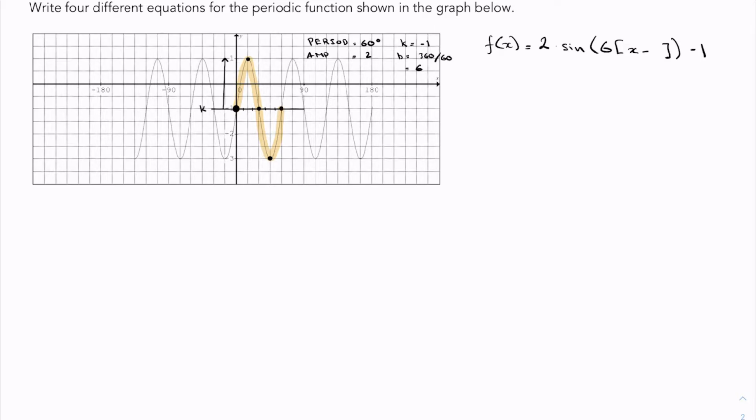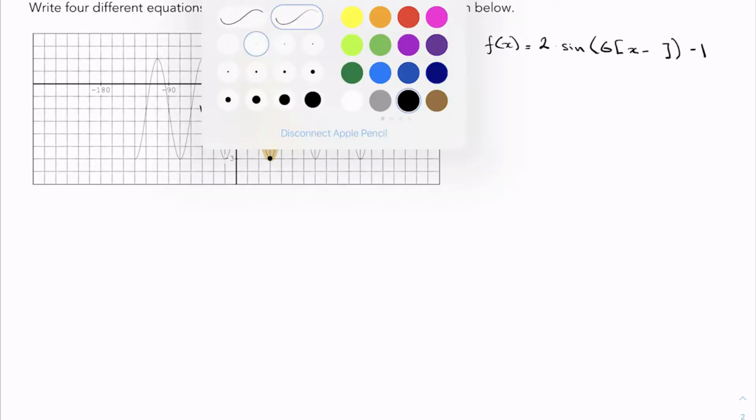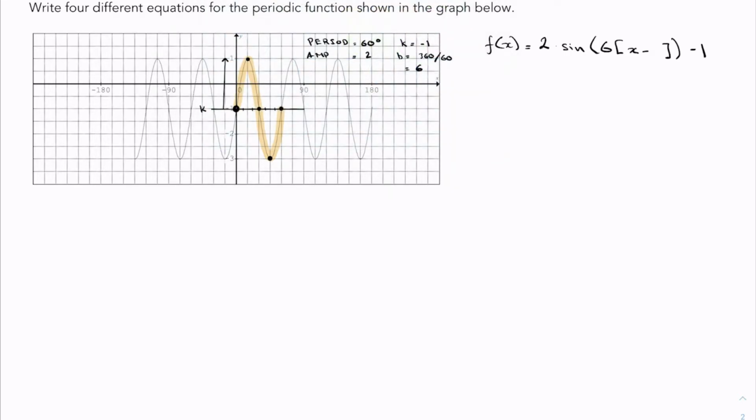This is a good one actually, because remember, sine starts from the middle, goes up, comes down, and goes back to the middle. It looks like there's no phase shift here because we're not moving that graph left or right, which is good news for our equation because I can just erase this, this, this, and then bring everything together.